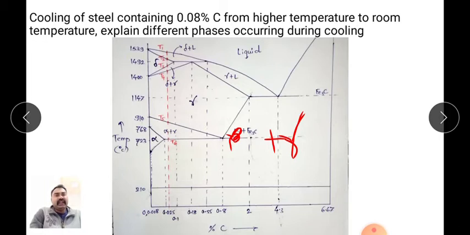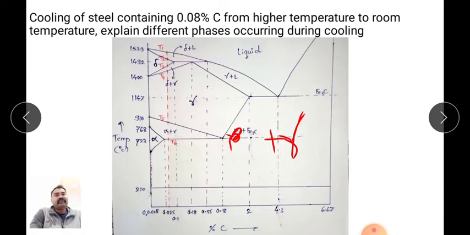And when we move in the downward direction, in between T1 and T2 two phases are present. At T1 the liquid is present, and at T1 itself the solidification of steel will start.